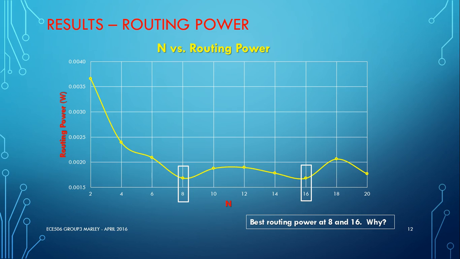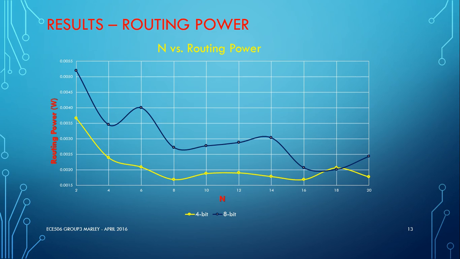Why do we have those sweet spots at 8 and 16? Your brain ought to go ding ding, there's something special about those 2 numbers, isn't there? When I looked at the 8-bit and the 4-bit routing power, I got a surprise. I didn't think I'd ever have the 2 curves cross. And up at N equals 18, they did cross.